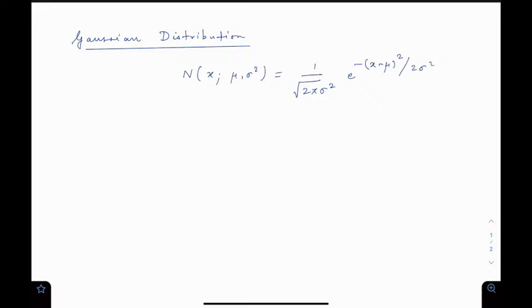So let's look at some of its properties. The mean is simply mu.